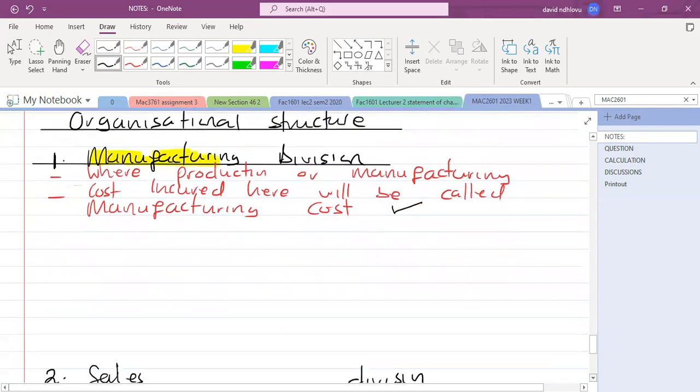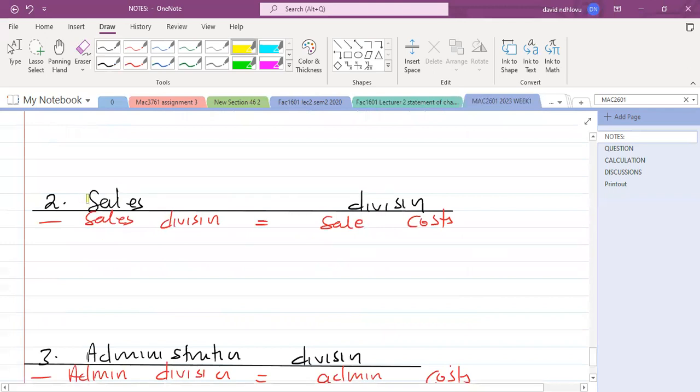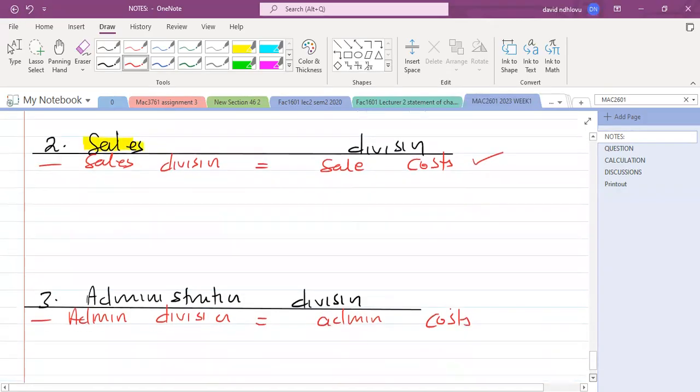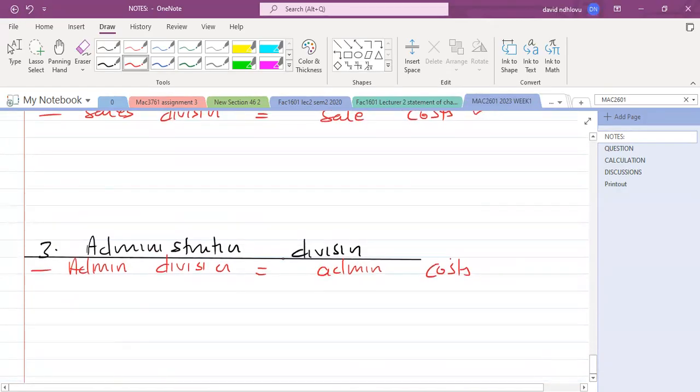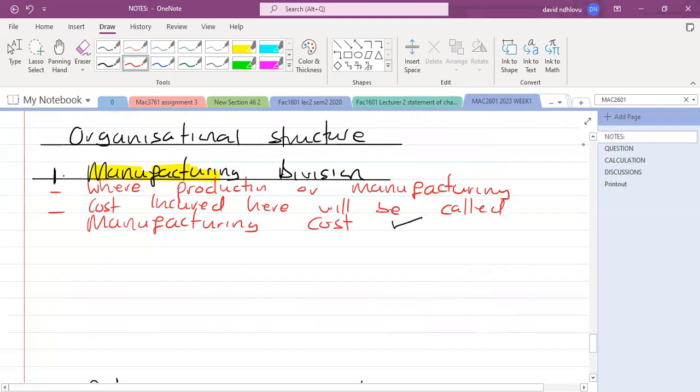And so all the cost incurred there will be manufacturing cost. We check, we say we have the sales division. All the cost incurred there will then be sales costs. Same with this admin division. All the cost incurred will then be admin costs. So in broad terms, we now have manufacturing cost, sales cost, and administration cost.